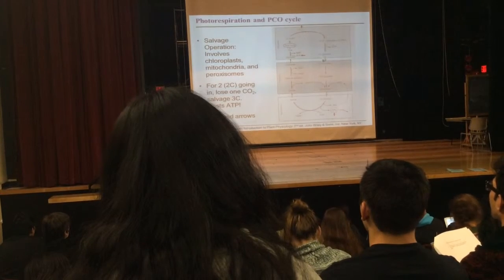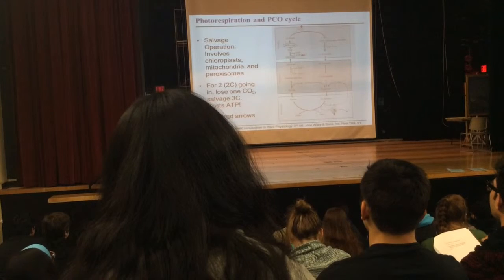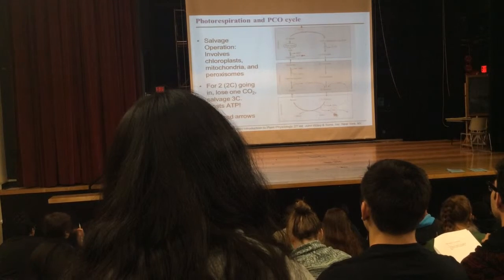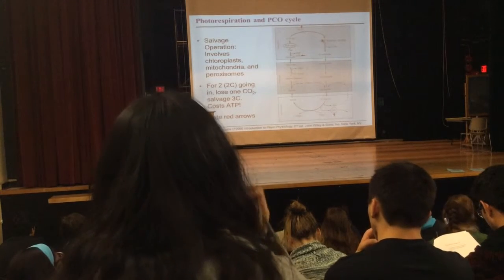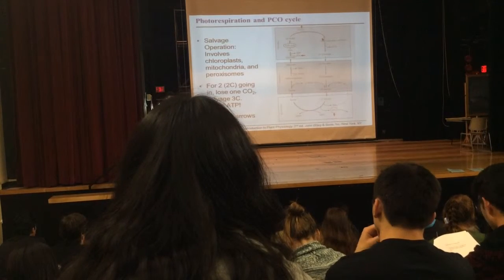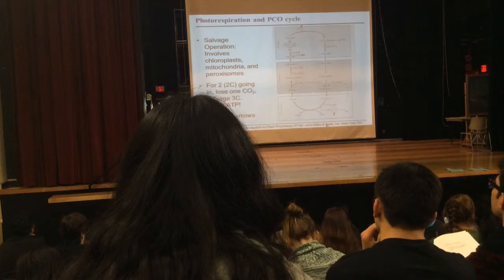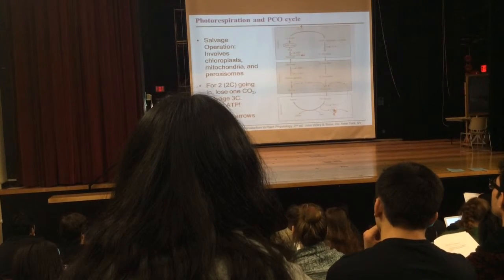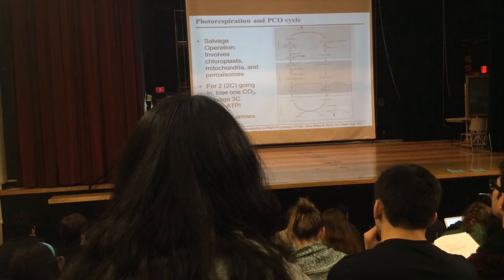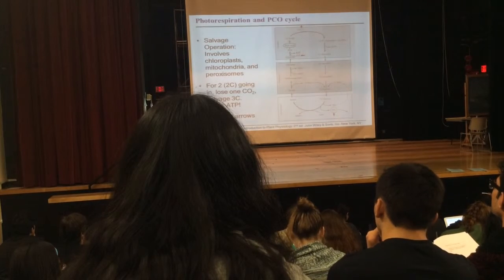Now, if you follow the reactions here, notice down here you're losing carbon dioxide. So you have 4 carbons from the 2 phosphoglycolates going through the cycle. You lose 1 carbon. Start with 4 carbons with the 2 phosphoglycolates, you lose 1, you're down to 3 carbons.